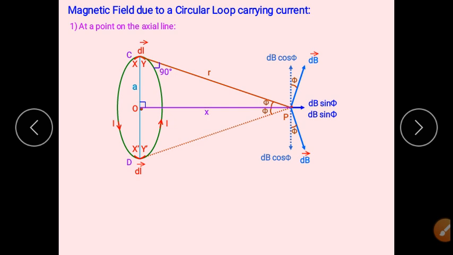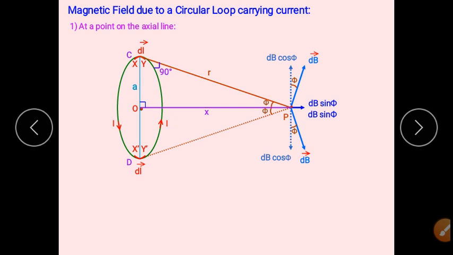For example, let us add the magnetic field due to these two elements only, xy and x dash y dash. Then we have to add the first dB and the second dB. Instead of adding dB, we can add all the components only. Then you will get the same result.